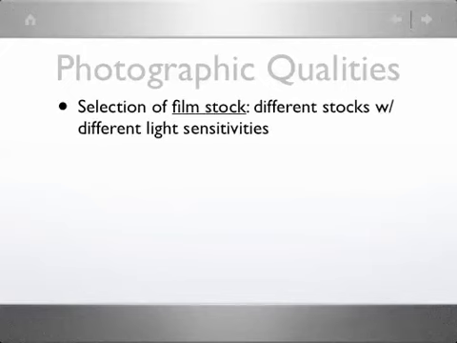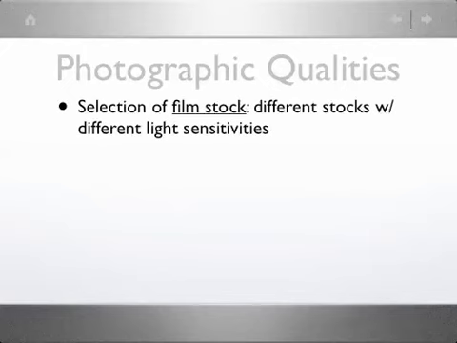This is related to the nature of just the chemical composition and the physical composition of the strips of film on which the images are captured as that film runs through the camera and as the lens lets light in to the camera in the process of allowing those images to be captured.